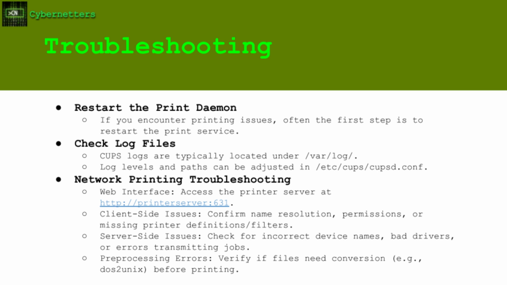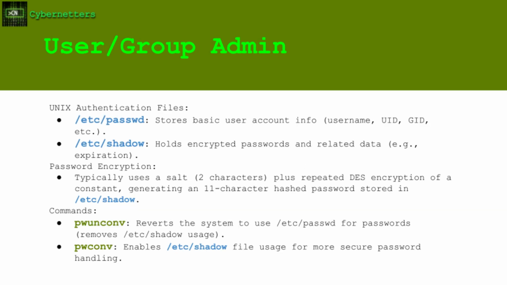And you also have pre-processing errors: if the files won't print properly, you should ensure correct formatting with the program mentioned before, dos2unix. If you're troubleshooting network printers, always check the IP resolution and firewall settings to make sure your jobs aren't being blocked.